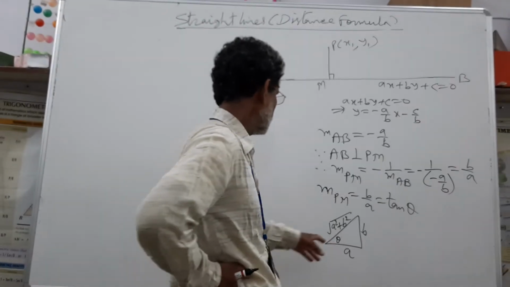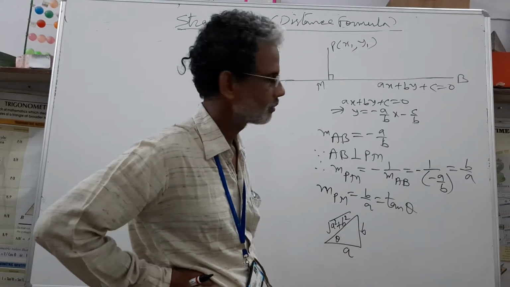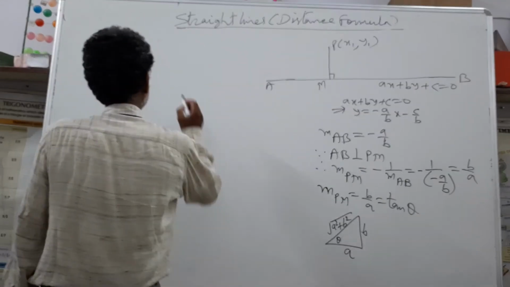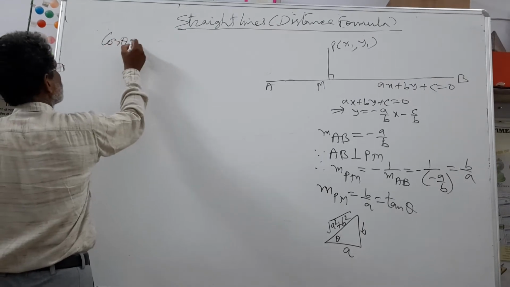Now, if all three sides are known, from here, what will cos theta be?